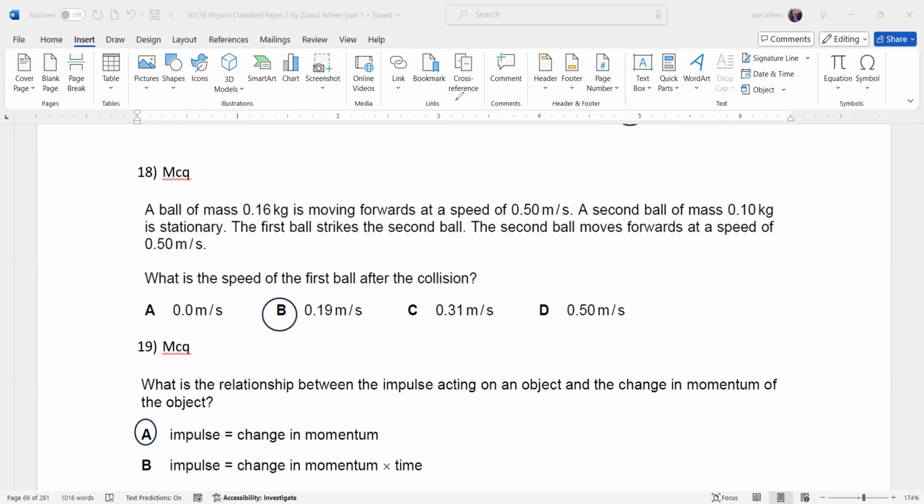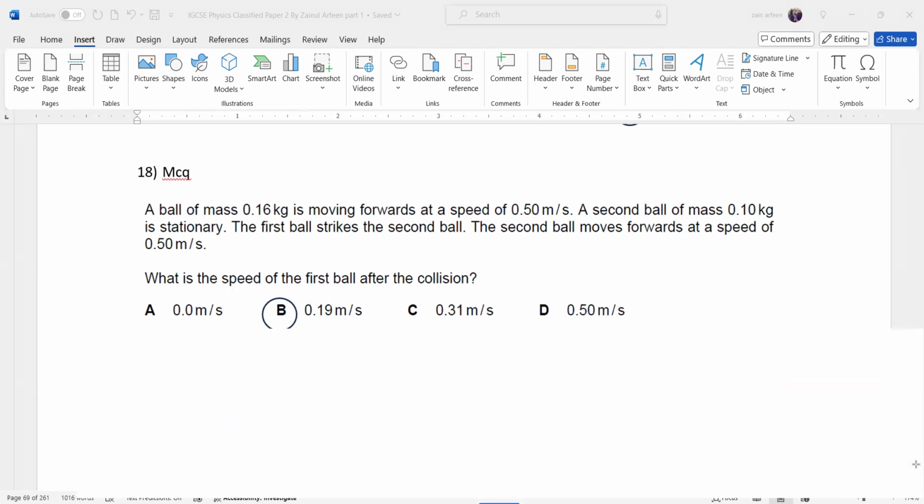That is, when two objects are colliding, the sum of the momentum before equals the sum of the momentum after.